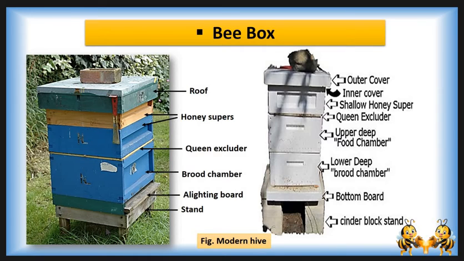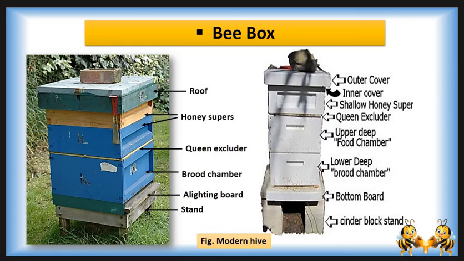The stand keeps the hive above the ground, and the ant wall prevents the entry of ants and other insects on the bee box. It is of two types, namely pole stand and leg stand.